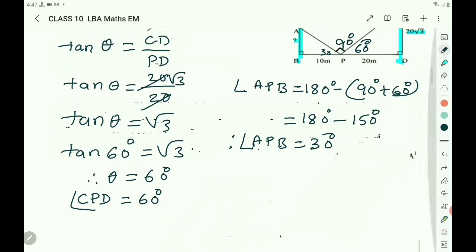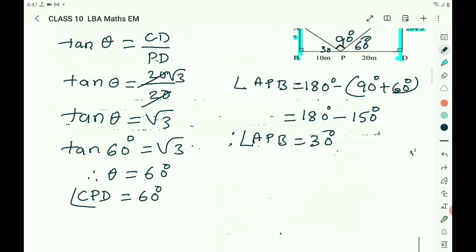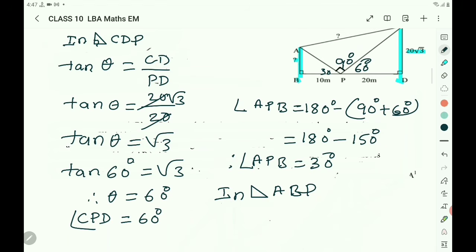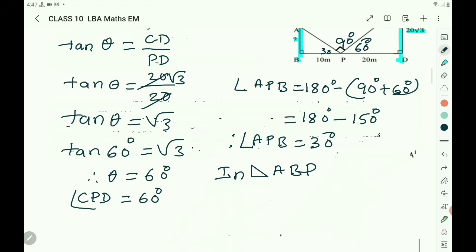Then you write, in the right angle triangle ABP, trigonometric ratio with the opposite side and adjacent side. Opposite side by adjacent side is tan. You write tan 30. Tan 30 is equals to opposite side AB by adjacent side BP.